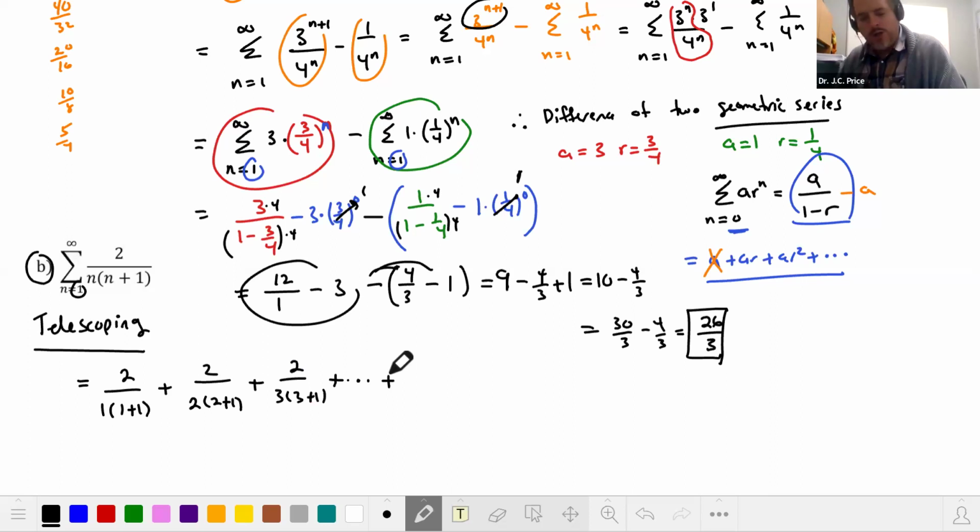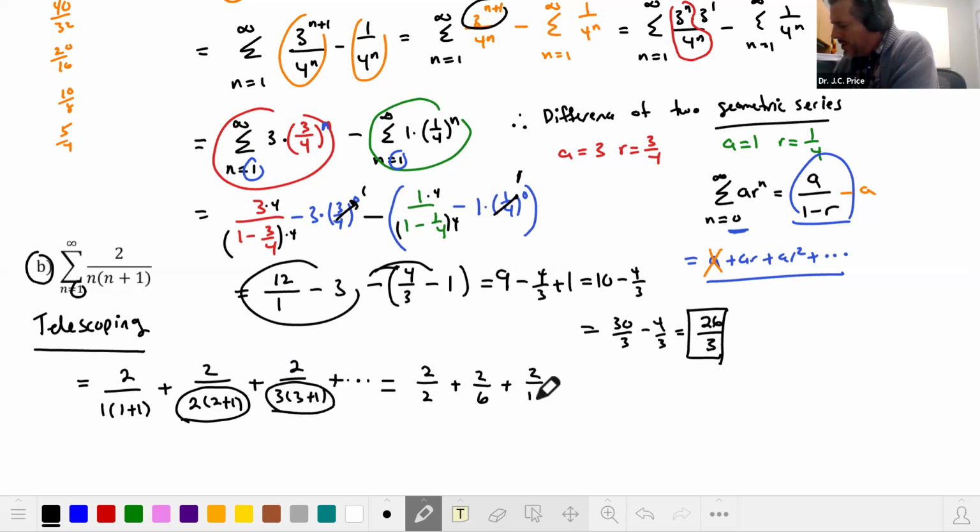And then equals, and now let's just do the math here. So this is 2 on the bottom, plus 2 divided by 3 times 2, which is 6, and then plus 2 divided by 3 times 4, which is 12, plus dot, dot, dot. Then that's going to be equal to 1 plus 1/3 plus 1/6 plus dot, dot, dot.